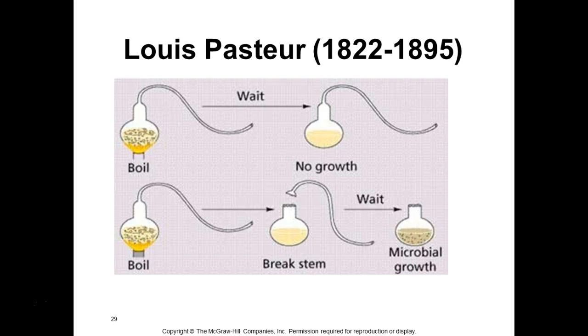Notice he has no growth. As long as he kept that sealed and the air had to enter indirectly, he got no growth. The organisms can't fly through the air. There's no flying bacteria. They can't direct what direction they go. They go on the air currents. They're stuck to the dust in the air. They're really fine particles you can't even see.